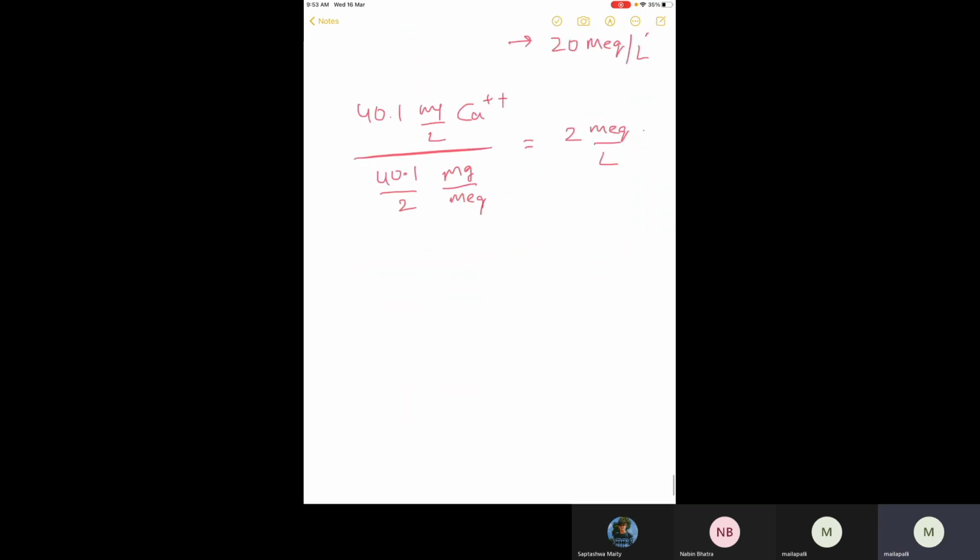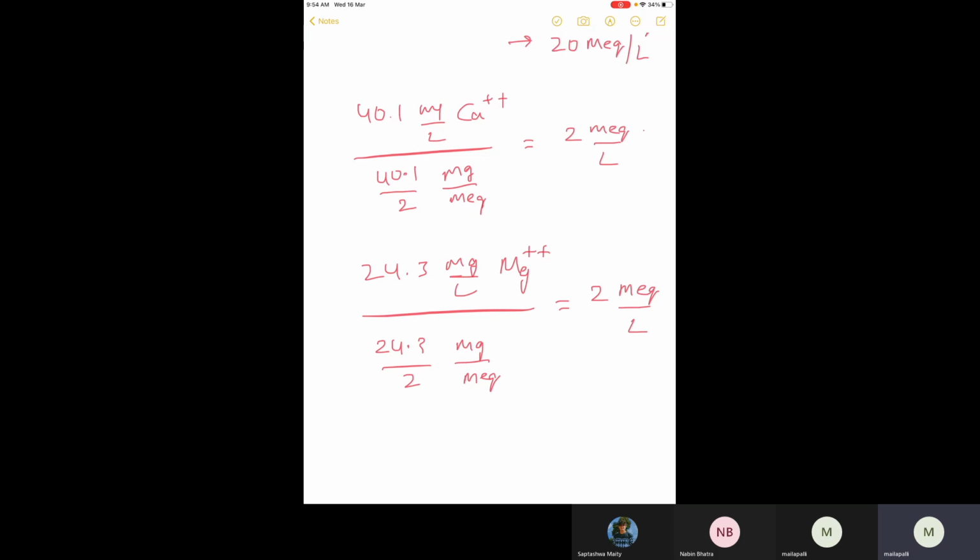Similarly for magnesium, it's 24.3 milligram per liter Mg++ divided by 2, since the valence is 2 here, and you get again 2 milliequivalent per liter magnesium. So you converted all units into milliequivalent per liter.